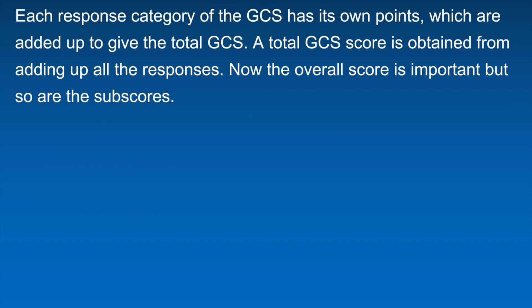Each response category of the Glasgow Coma Scale has its own points, which are added up to give the total Glasgow Coma Scale. A total Glasgow Coma score is obtained from adding up all the responses. Now the overall score is important, but so are the subscores.